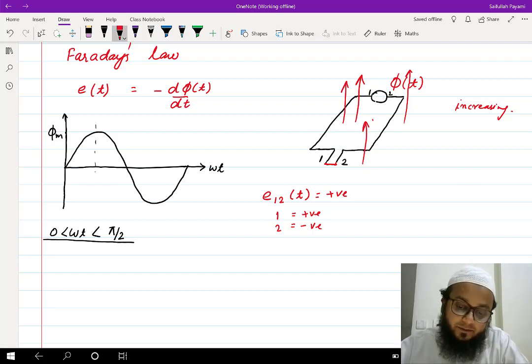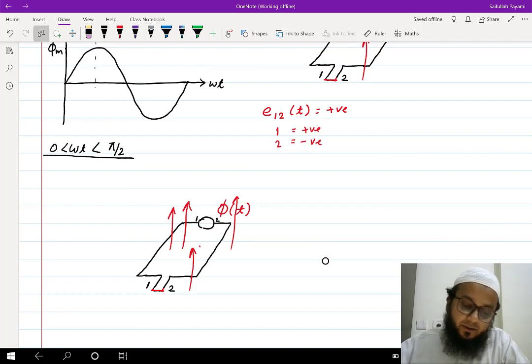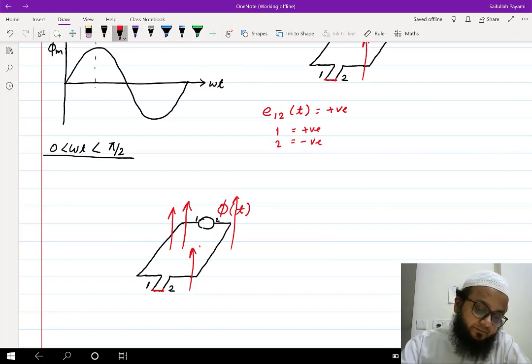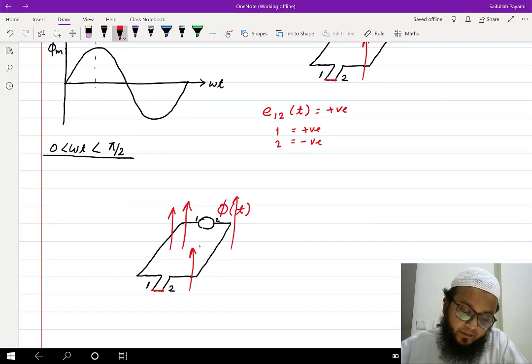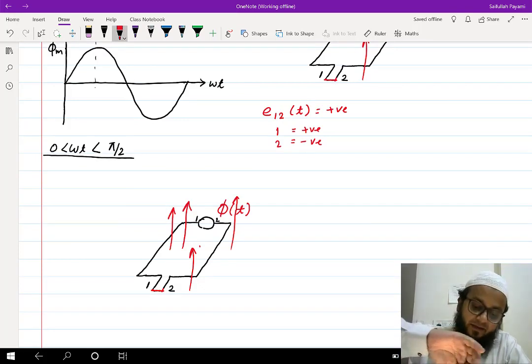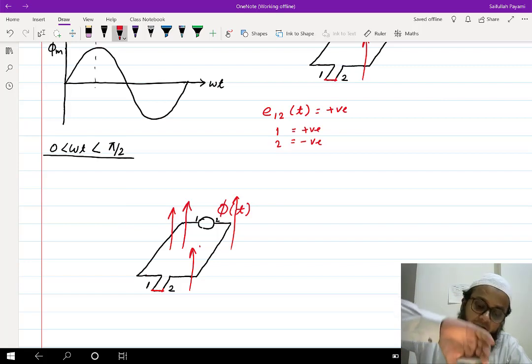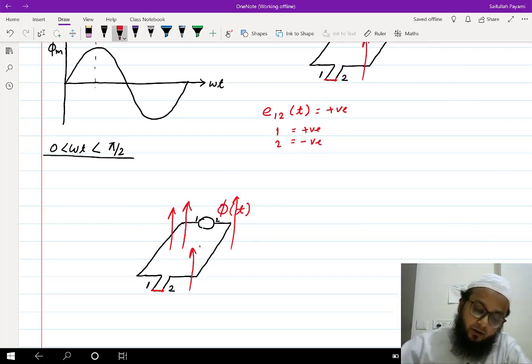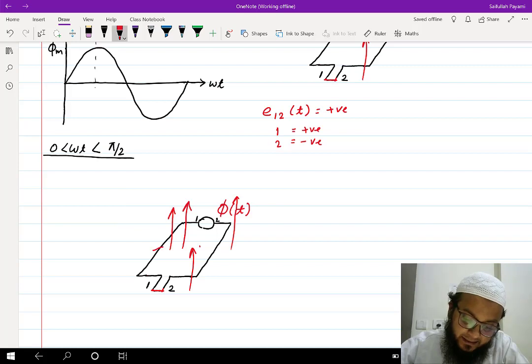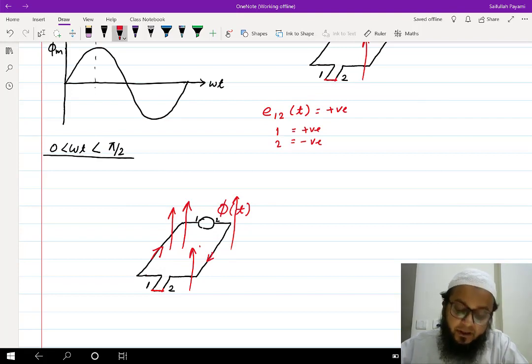So how is this possible? This is only possible when the direction of the current is, using my right hand rule, clockwise. If the current goes in this direction and comes out from terminal 2, then only the flux produced by this current will counter the main flux.